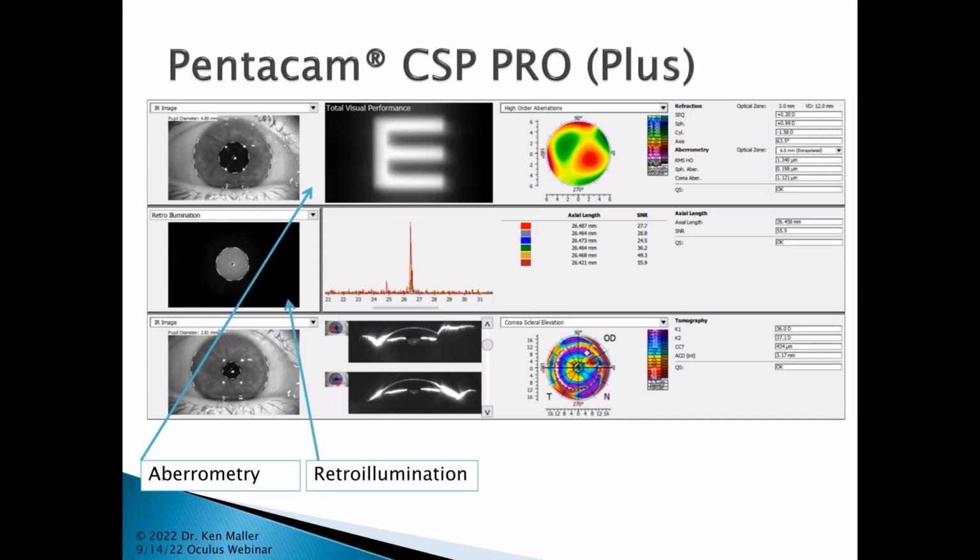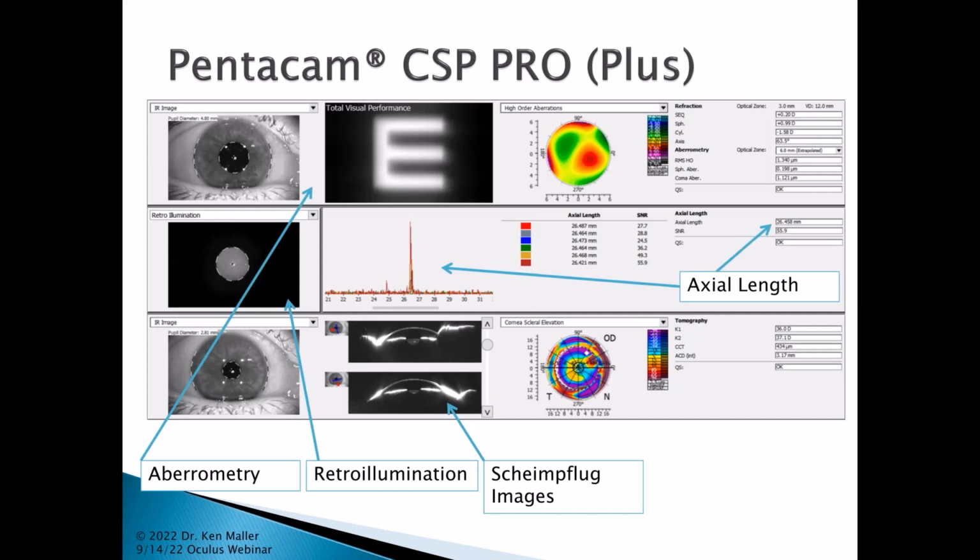In the middle panel there on the left, you see the retroillumination, and this is a perfectly normal eye, so there's not very much going on in that particular image there. Down at the bottom, once again, we can see the Scheimpflug images in cross-section, and again, there's that vertical ribbon that you can pull up or down so you can get any particular cross-section viewed.